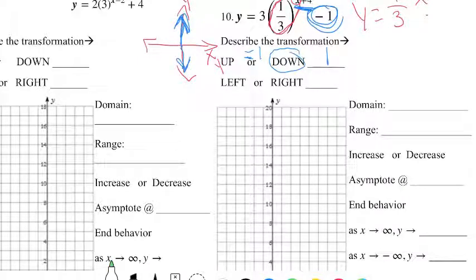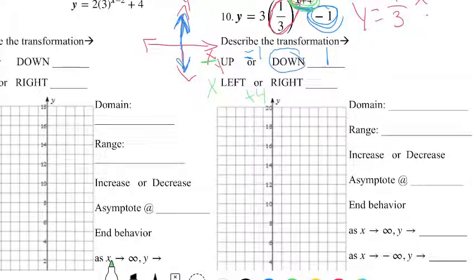So then we have our left to right. Our left to right is our x-axis. So we're going to have our x affecting the x's going left to right. If we want positive versus negative, we've got to ask ourselves, what is inside the exponent with our x? +4. So +4 is telling us how to move left to right.